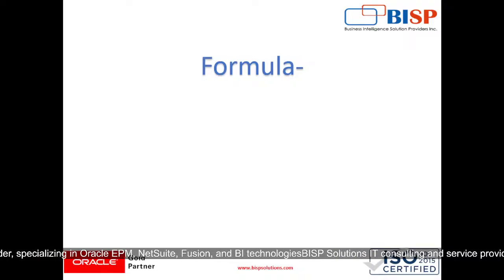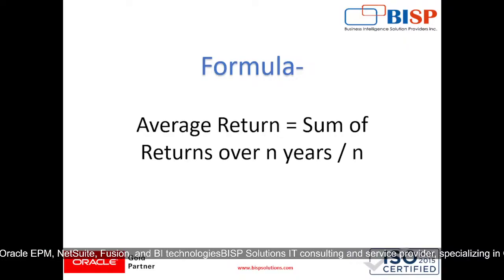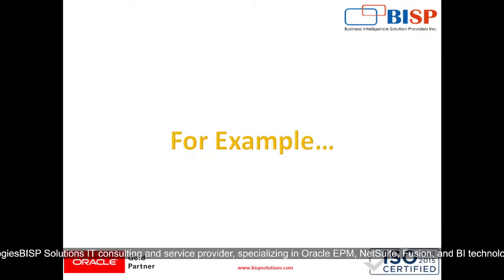For simplicity we use arithmetic here. For calculating, average return equals sum of returns over n years divided by n, which is the number of years.